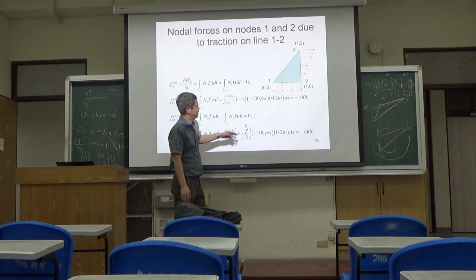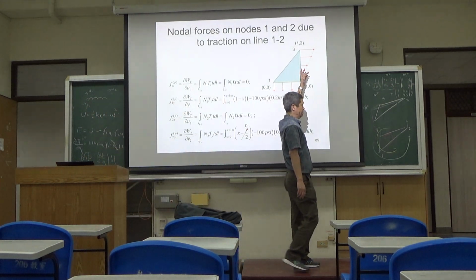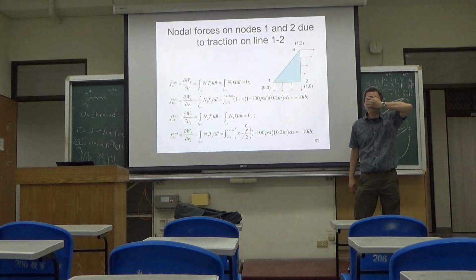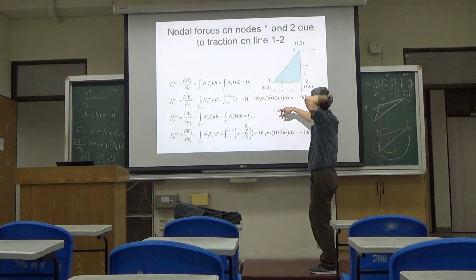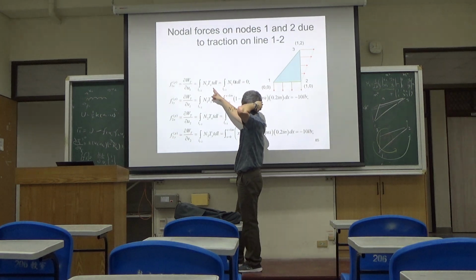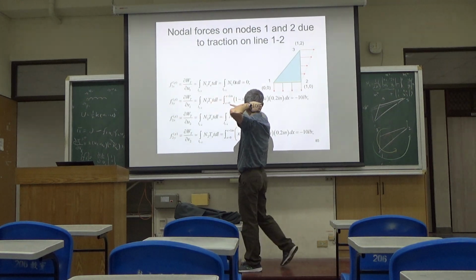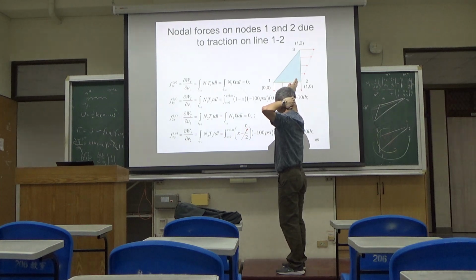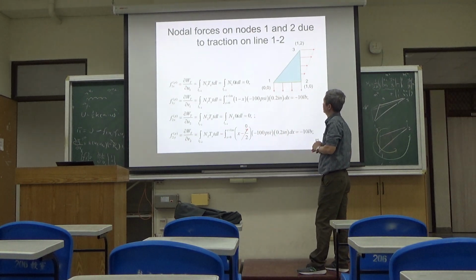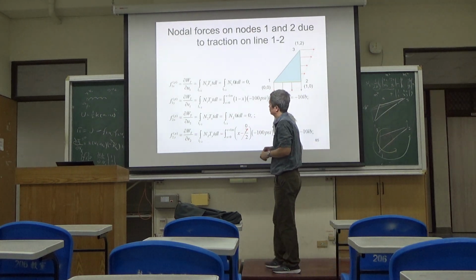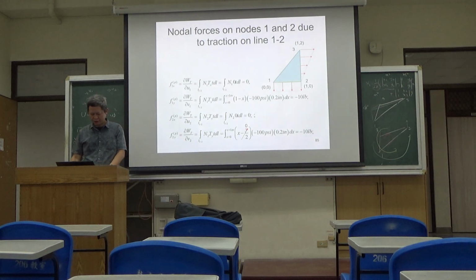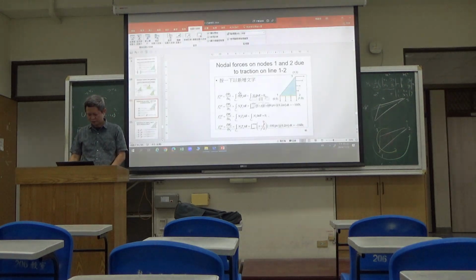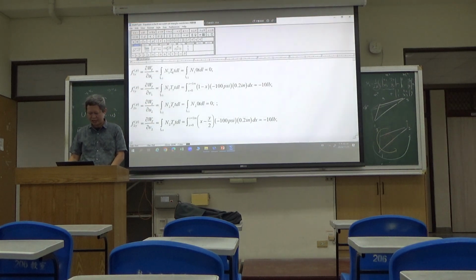And then how do you find the work done by the distributed force? This is a non-uniform but linearly distributed force, so you express the x and y as a straight function. How to write this? Look at the force here. What is Ex?